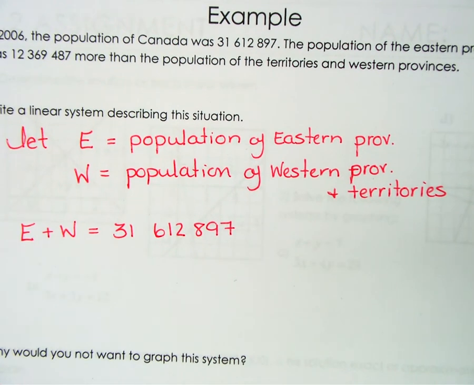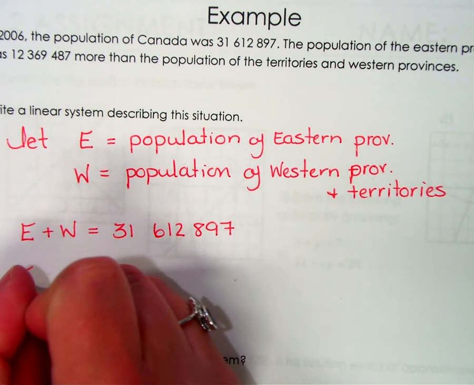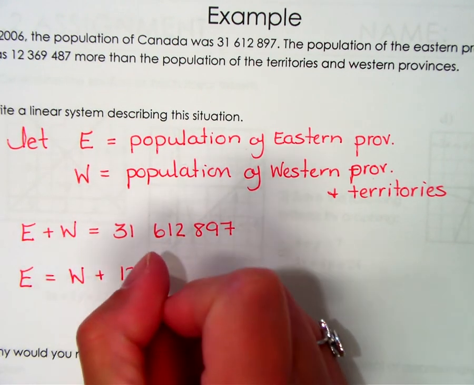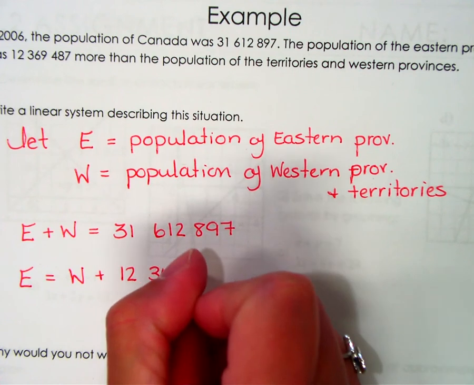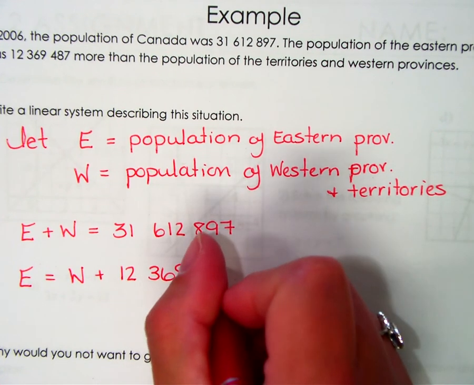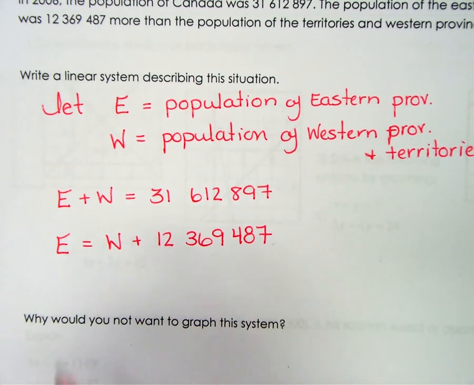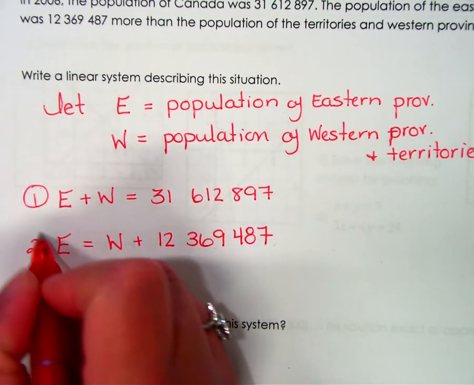Okay, so then the next sentence says the population of the eastern provinces was 12 million more than the territories and the western provinces. So who has more, east or west? East. East is the bigger. So we're going to say east is equal to the west plus 12,369,487. So there's my two equations. That's equation 1, that's equation 2.